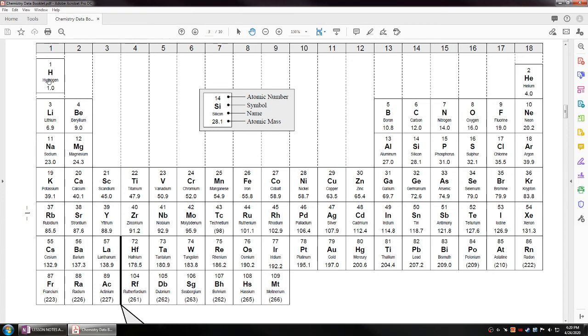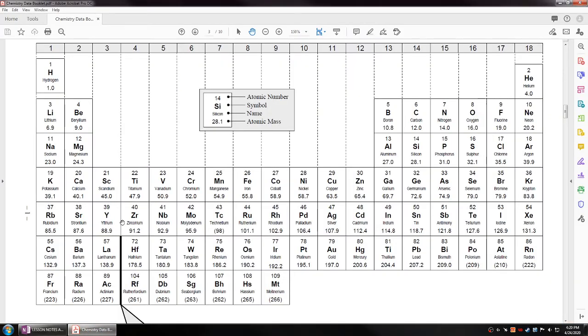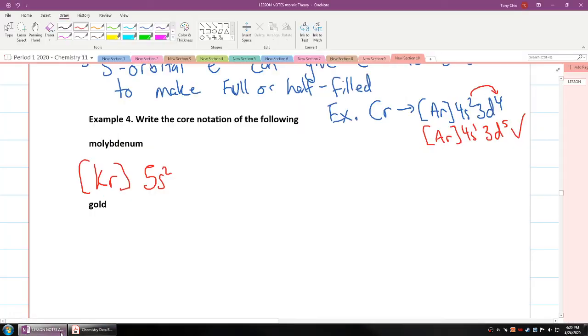So here's 1s, 2s, 3s, 4s, 5s. There are no p orbitals for row 1, but 2p, 3p, 4p, 5p, and so forth. The d orbitals go 3d, 4d, 5d. So you look at this. This is the 5s electrons. You have 5s2. And how many d electrons do you have? You have 4d4.